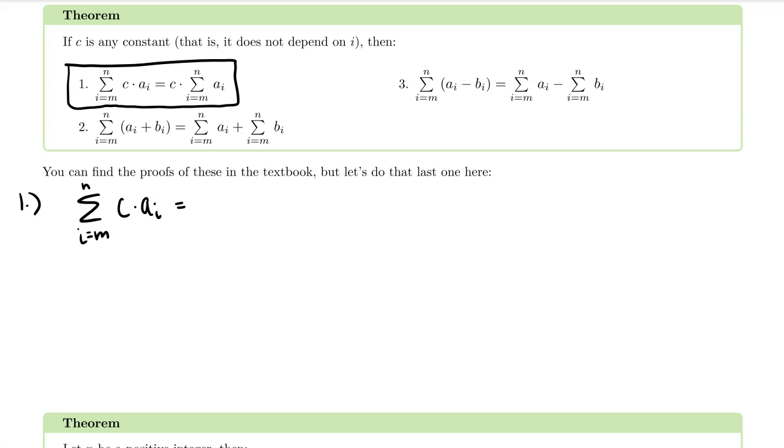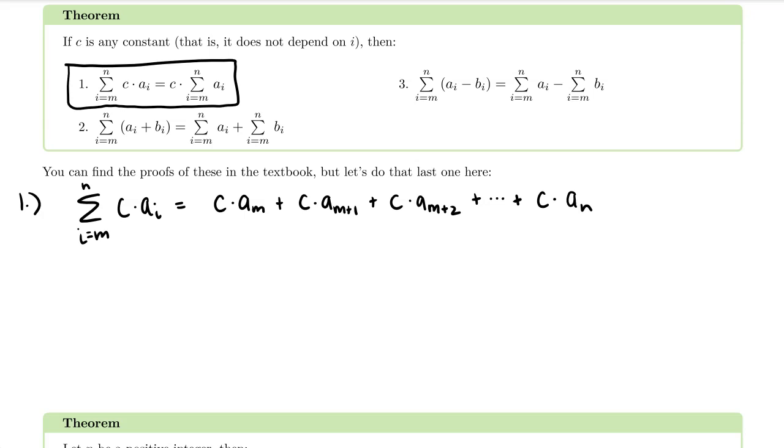If we were to expand that out, my first term would be c times a sub m plus c times a sub m plus 1 plus c times a sub m plus 2 plus, and this would keep going up until our last term, which is c times a sub n.